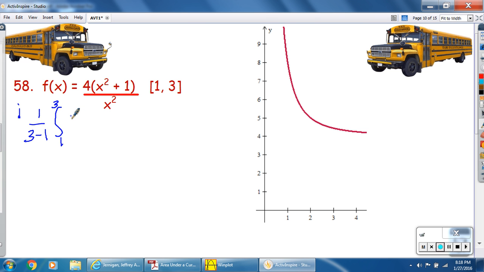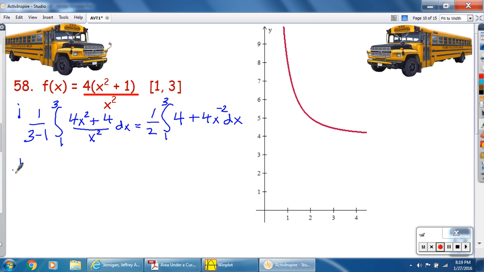I'm going to distribute the numerator and get 4x squared plus 4 over x squared dx. So that's 1 over 2 from 1 to 3. I'm going to divide each term by x squared, so that would give me 4 plus 4x to the -2 dx.